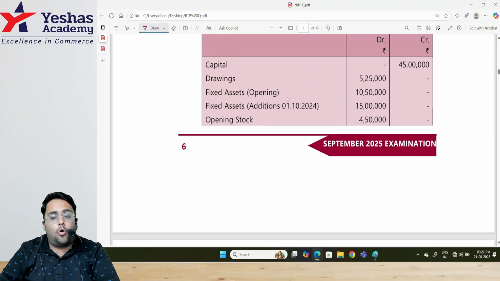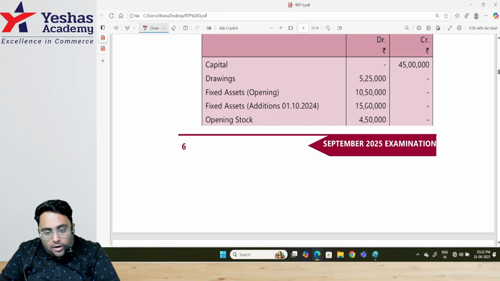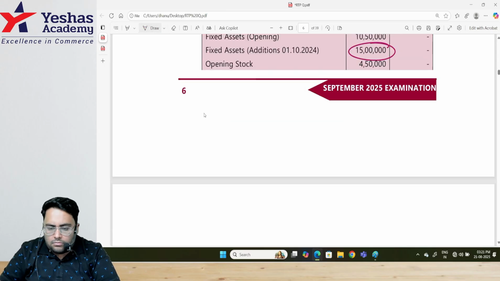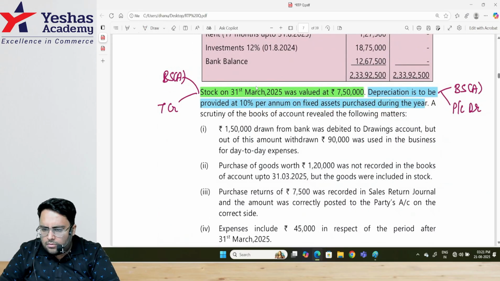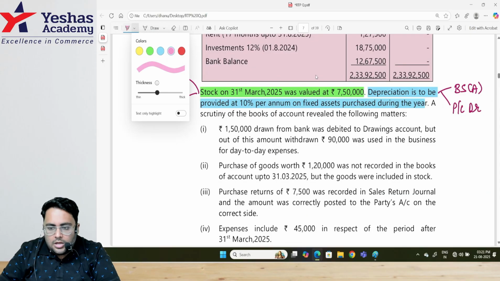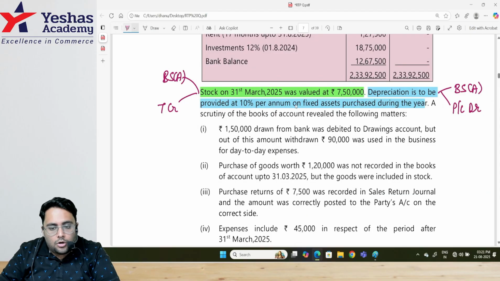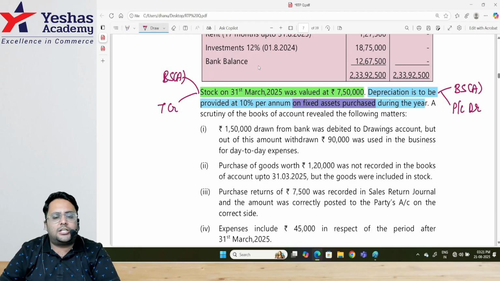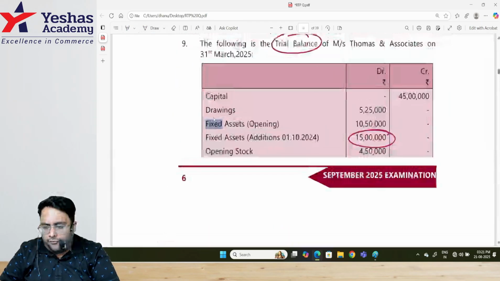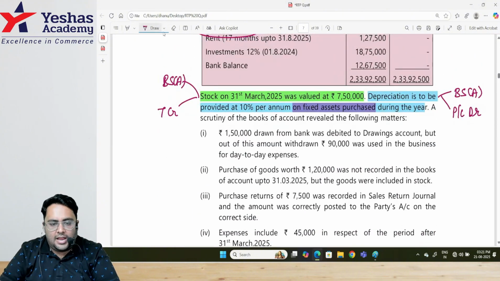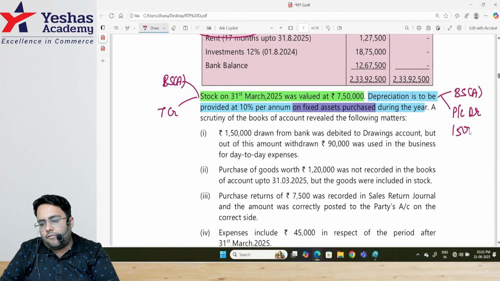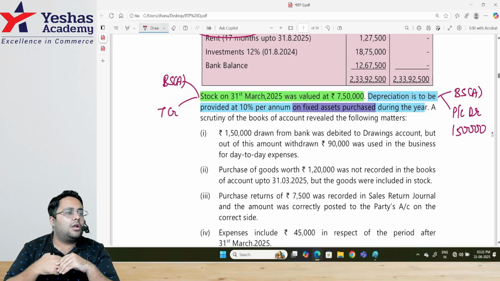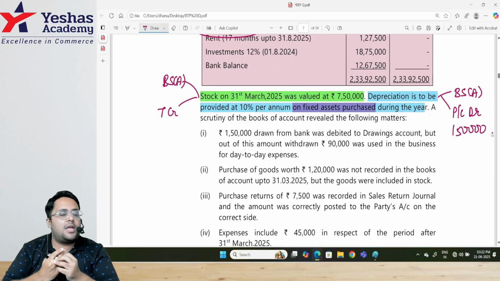Opening or additions? Depreciation is to be provided on fixed asset purchased only, on the additions. Additions was how much? 15 lakh. So 15 lakh into 10%, 1 lakh 50,000 will be your additional depreciation to be recorded.